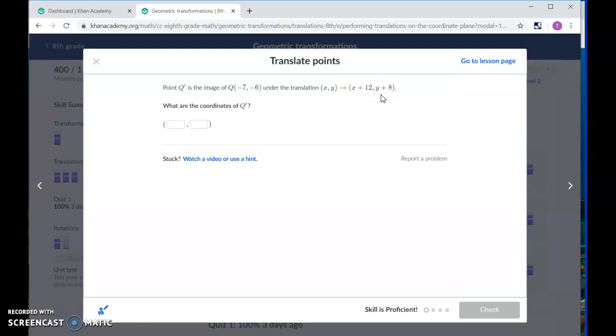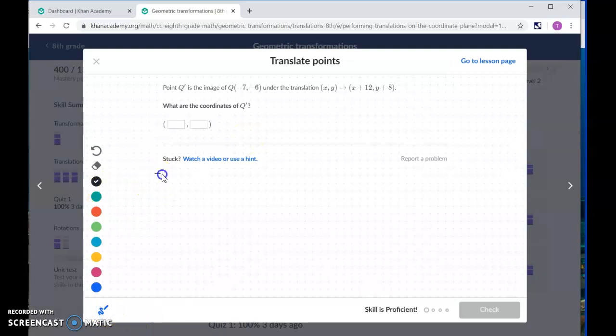Okay, so what you're doing here is you are taking this point and you are doing these things right over here. For example, for this first one, if I started at -7, under translation it would be -7 plus 12.